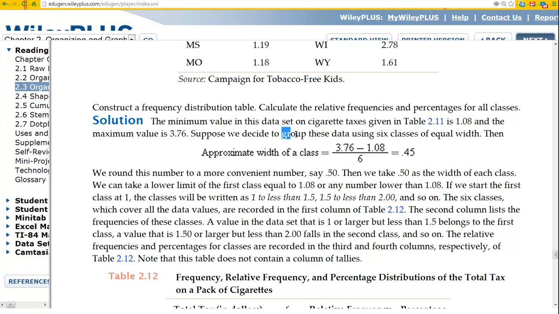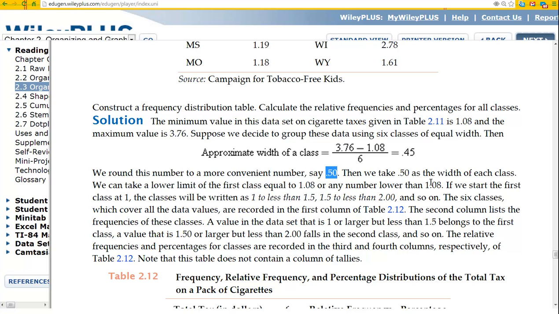So we need to decide how many classes we're going to make. And they say, suppose we decide to have 6. Then the approximate width of a class, remember, how do we get it? We take the highest piece of data minus the lowest piece of data, and then divide by the number of classes. So we get 0.45. We round this number to a more convenient number, 0.5.